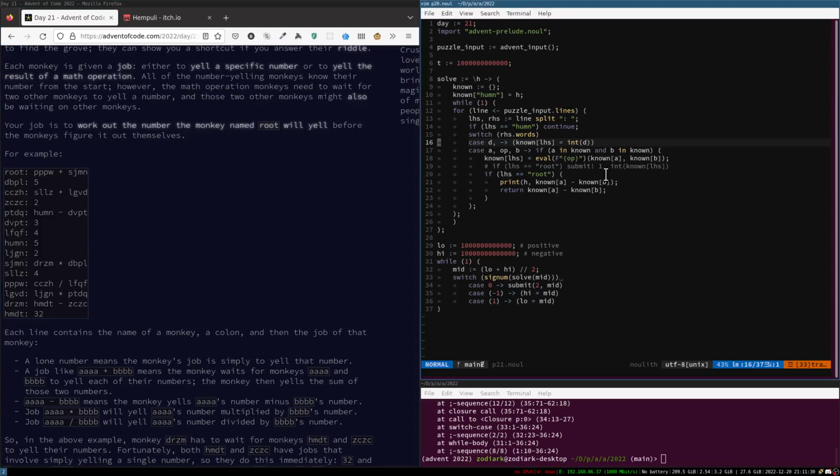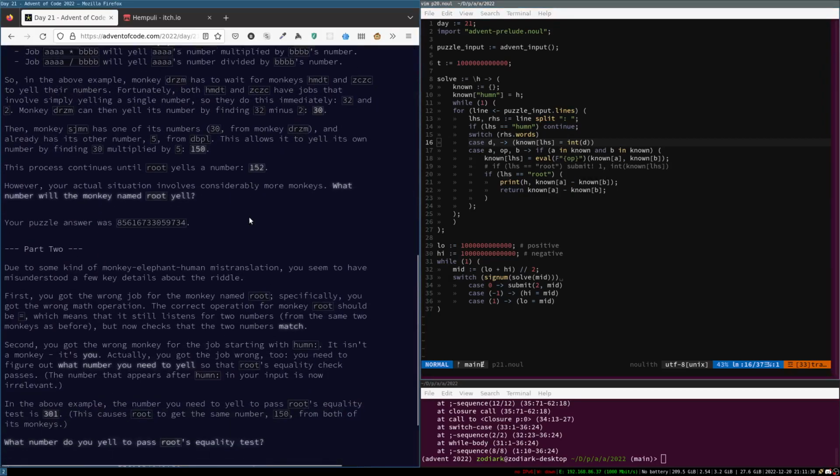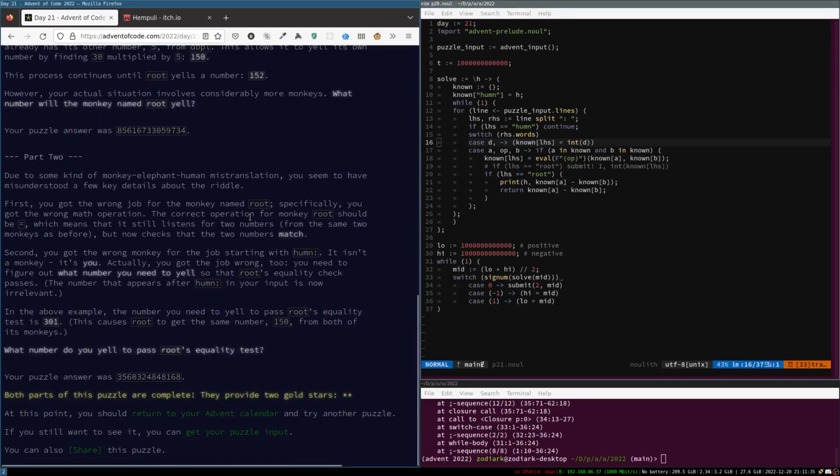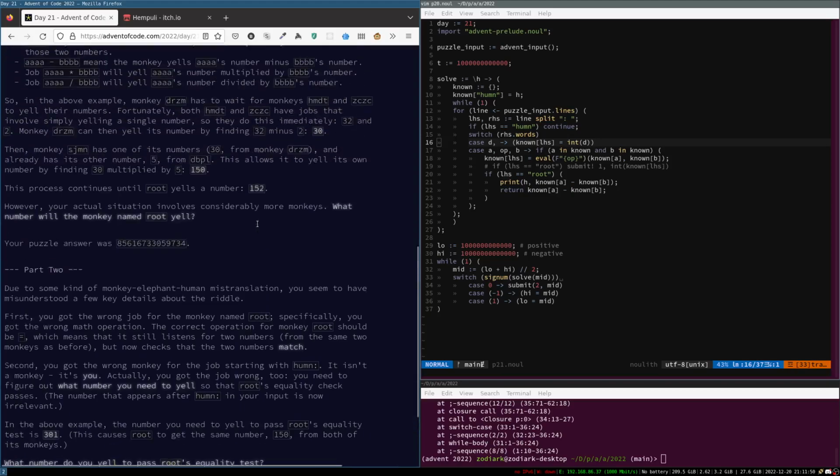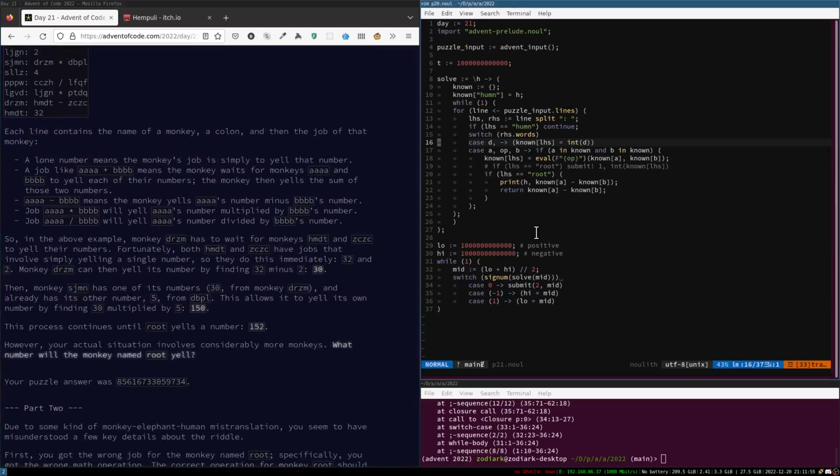For the second part, it's a bit more interesting. A more elaborate or correct way to solve this problem, I would imagine, is to build some kind of polynomial expression.